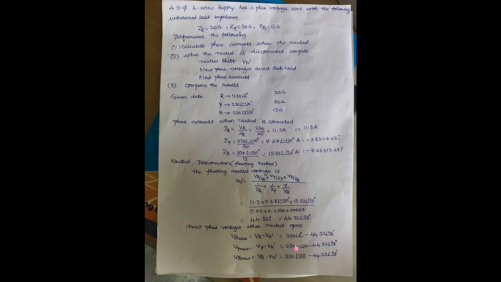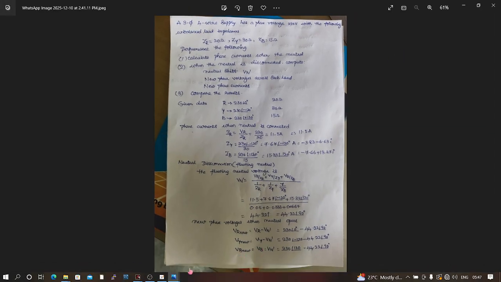You subtract from all the phase voltages: VY, 230 at an angle of minus 120 minus 44.22 at an angle of 90 degrees, and VB minus Vn, that is 230 at an angle of 120 minus 44.22 at an angle of 90 degrees. So you are going to get the new phase voltages.